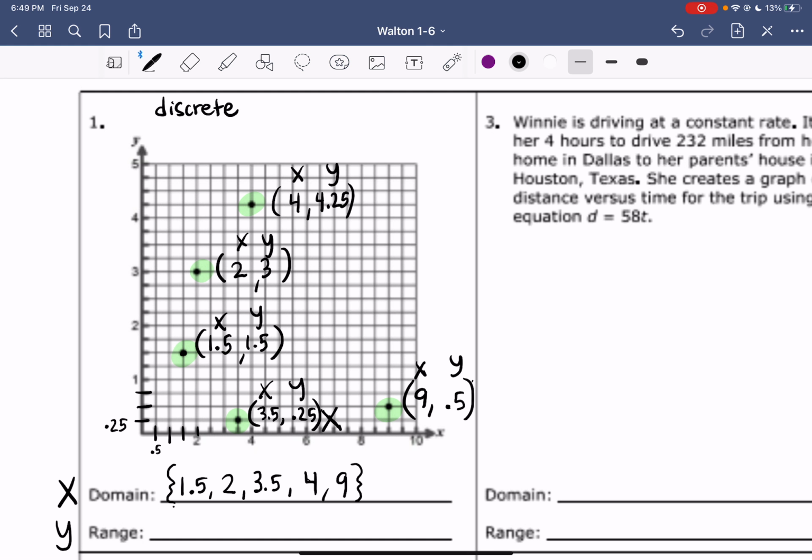Then our range is the y values from least to greatest. Our least is 0.25.